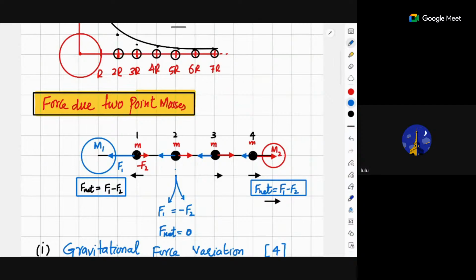So let me mark this distance from this point to this point. The total distance is what? This is the total distance. That distance is x. And what about the remaining distance?